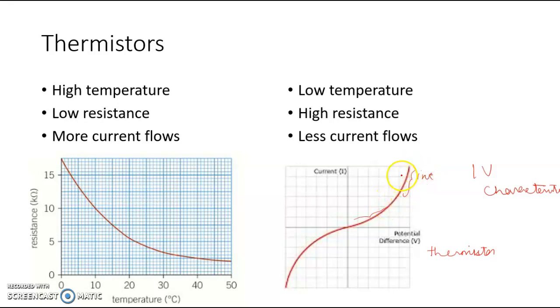That's the type of curve you will get for a thermistor, whereas the curve for a filament lamp is the reverse of that. You would get a graph like this, where it plateaus as the temperature increases, whereas in this case it's the other way around, where as the temperature increases, the current flow increases.